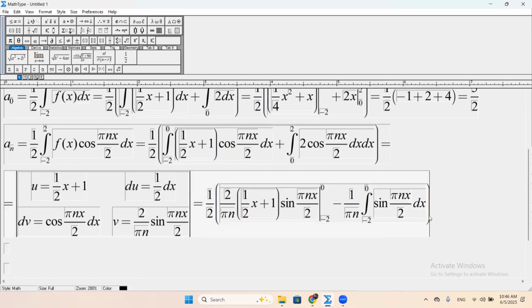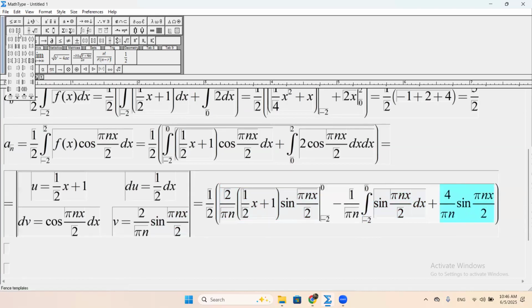And plus 4 over pi n multiplied by sine of pi n x over 2 with the substitutions from 0 to 2.